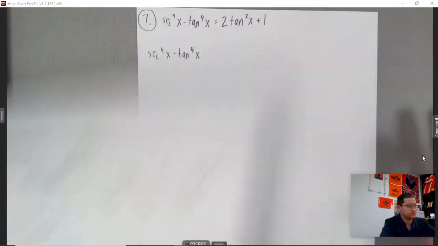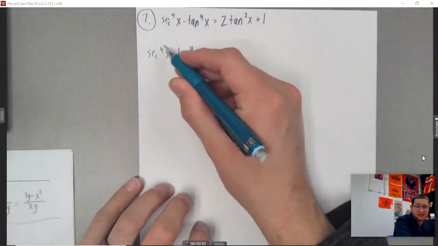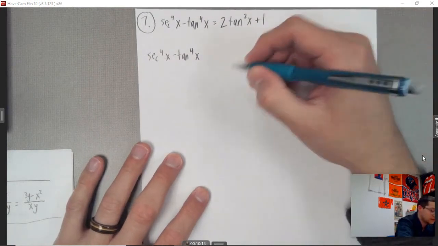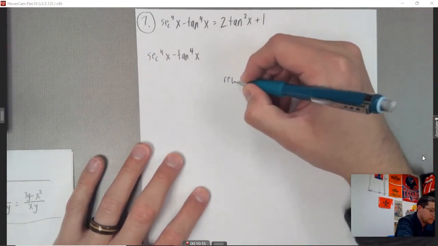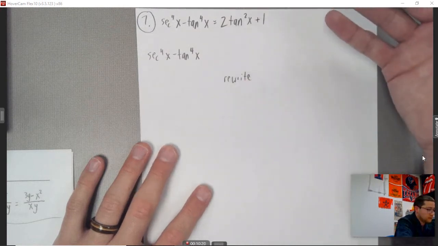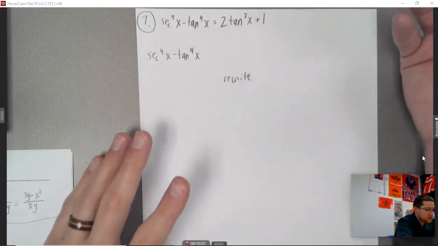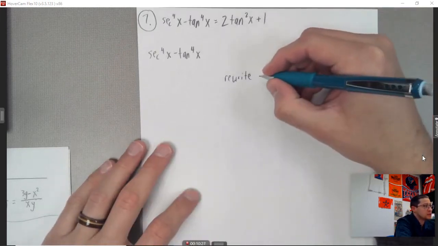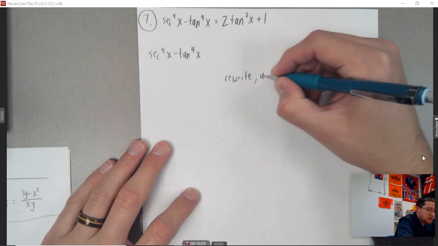So I'm going to rewrite this as, you could say this is like factoring maybe, or you could say it's undoing the square.